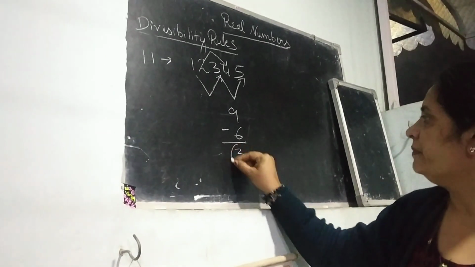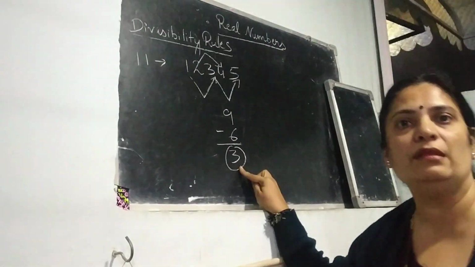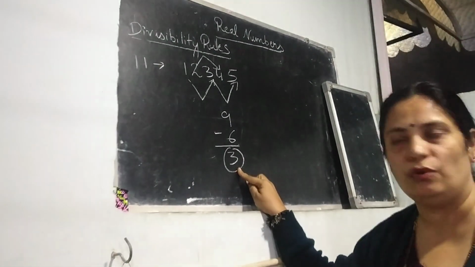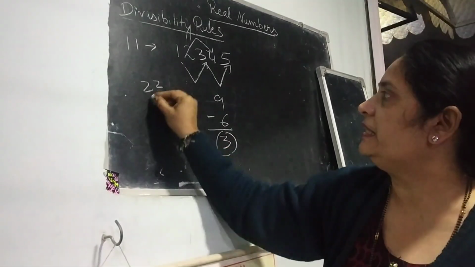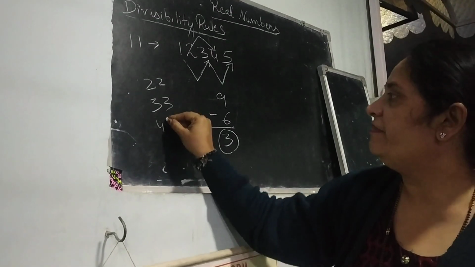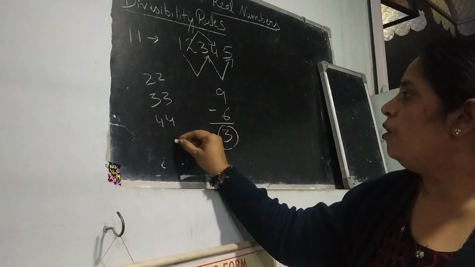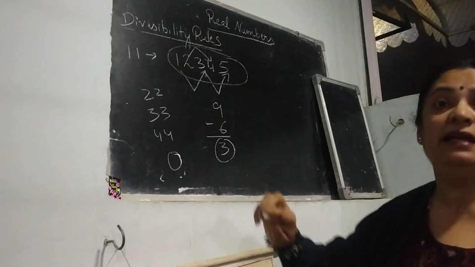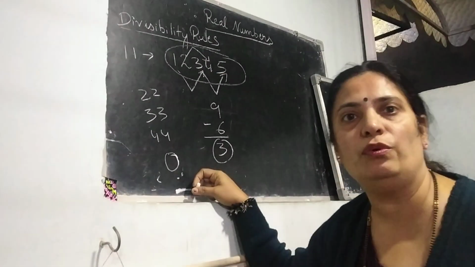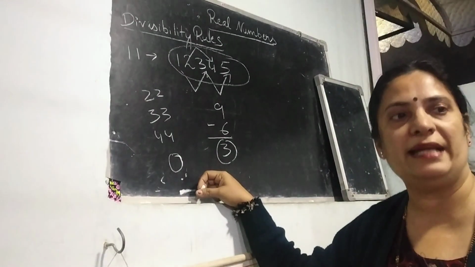This is 3. If this difference comes out to be either 0 or any multiple of 11 like 22, 33, 44, 55, then the whole number will be divisible by 11. These are the basic rules for finding the LCM and HCF.